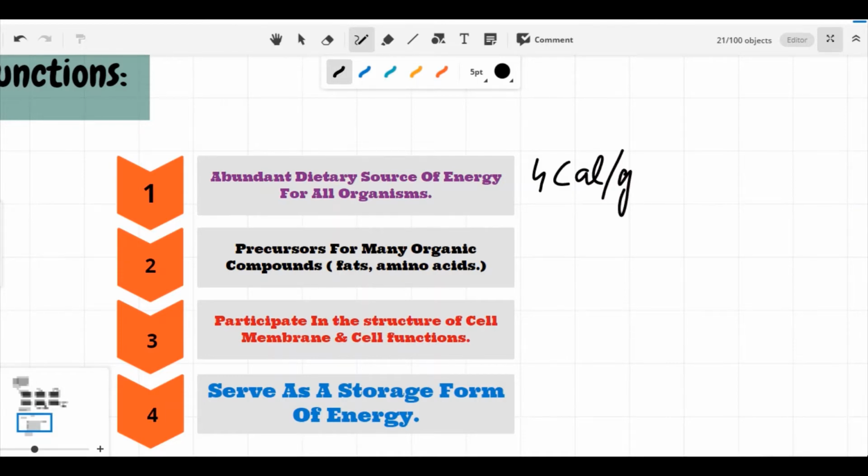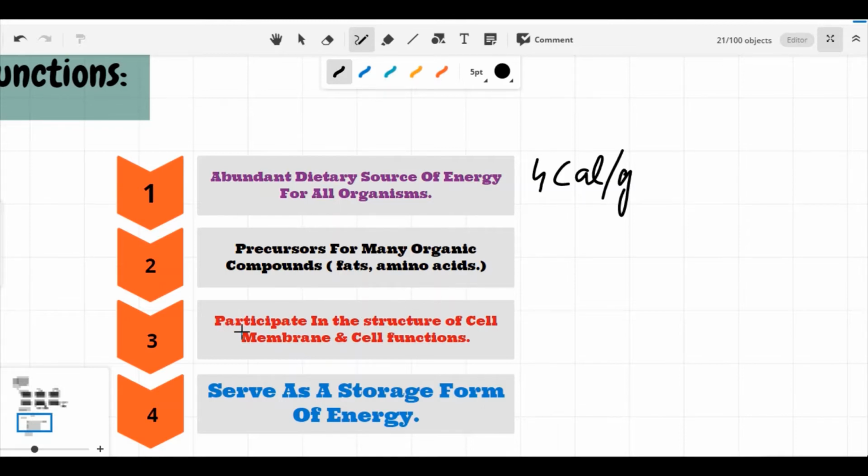The next one is that they are precursors for many organic compounds like fats and amino acids. Precursors means they help in the formation of fats and amino acids, because amino acids and fats have carbohydrates as building blocks.